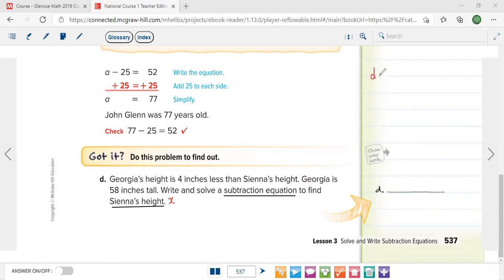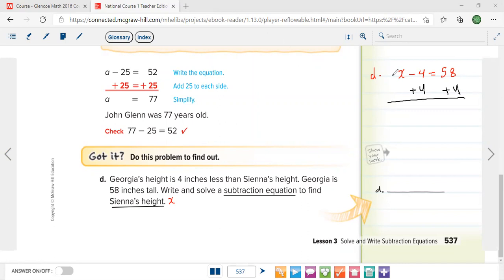So this is problem D. I will say that Sienna's height is x, Georgia's height is 4 inches less than Sienna. 4 less than Sienna means x minus 4 is 58. Now, to know Sienna, we will add plus 4 for both sides, plus 4 for the left-hand side, plus 4 for the right-hand side.